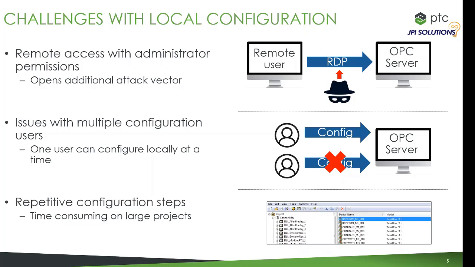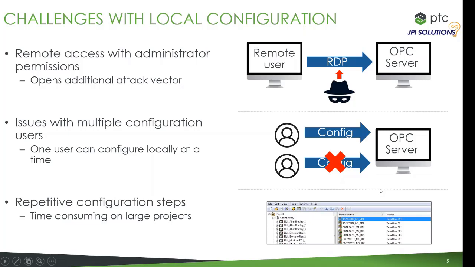Similarly, in a lot of these solutions, only one user can configure the server at a time. And what invariably happens is somebody leaves the configuration open on their machine and goes home for the day, and somebody else who needs to configure the connectivity solution is not able to log in and do what they need to do.